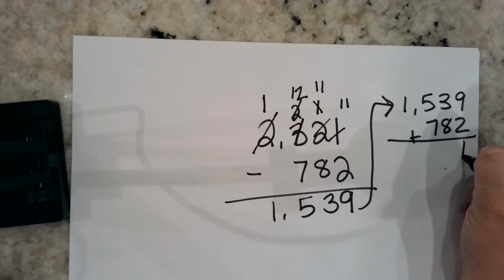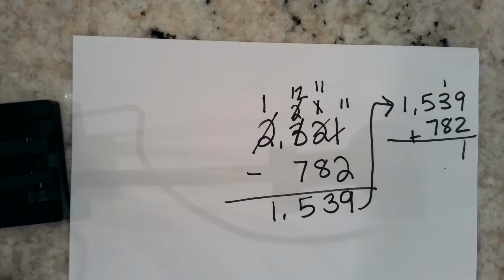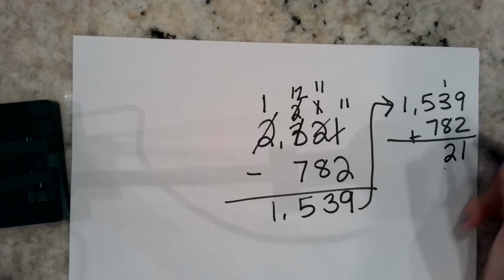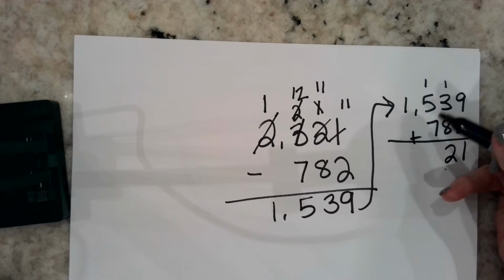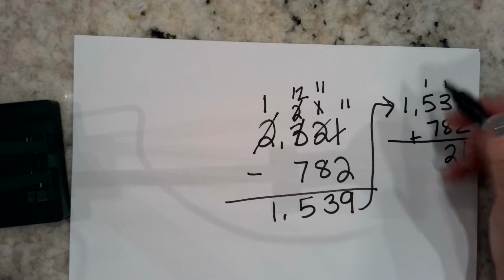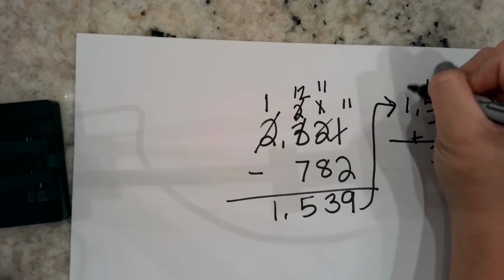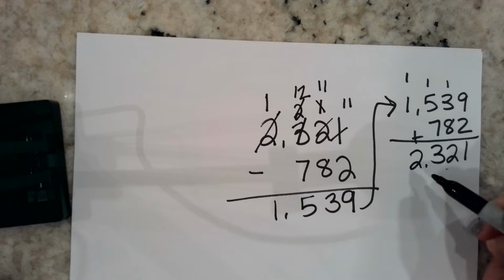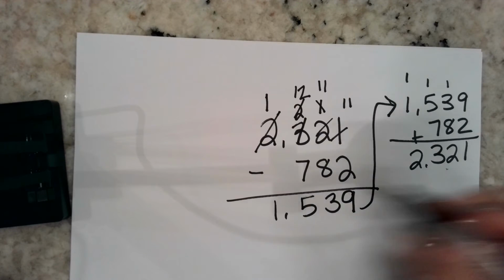9 plus 2. So we've got 8. 1, 7, 13. So 2,300. So that checks out.